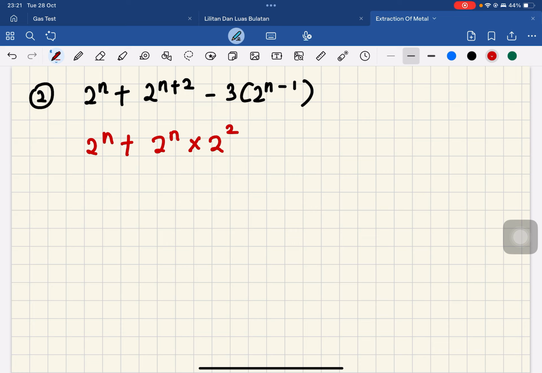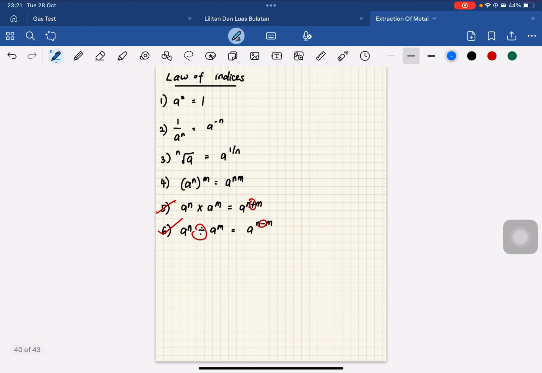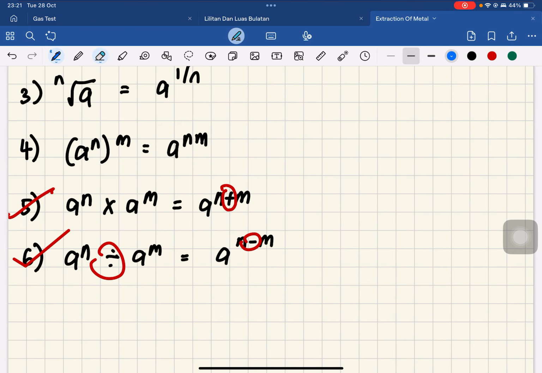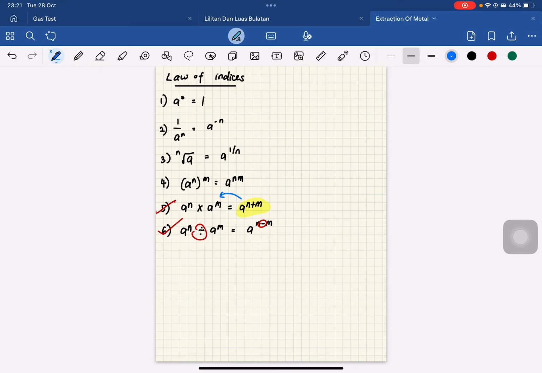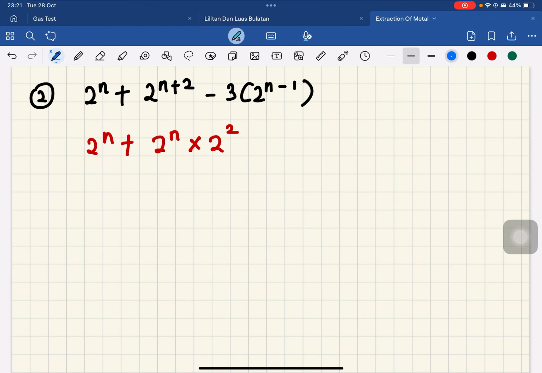So this one is rule number 5. It's actually from here become here, like that. So we're going to divorce the power. So 2 power of n plus 2 becomes 2 power of n times 2 power of 2.